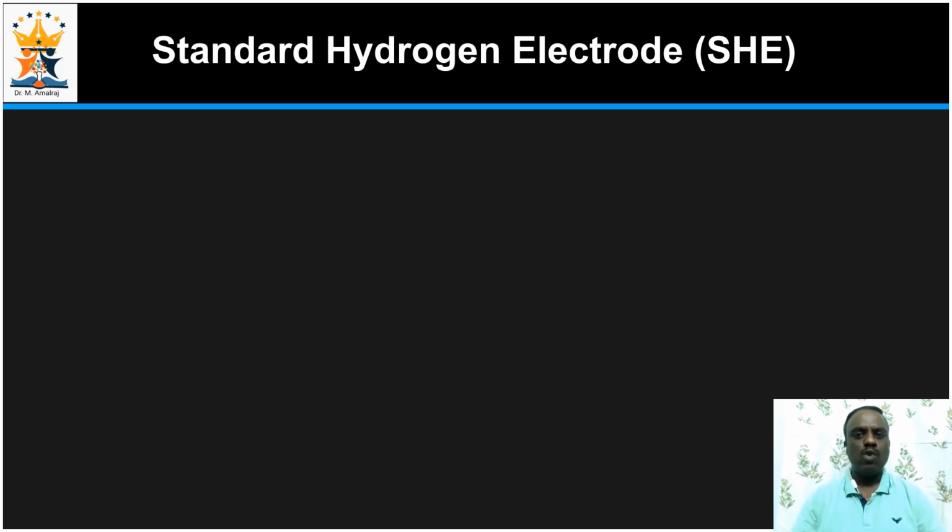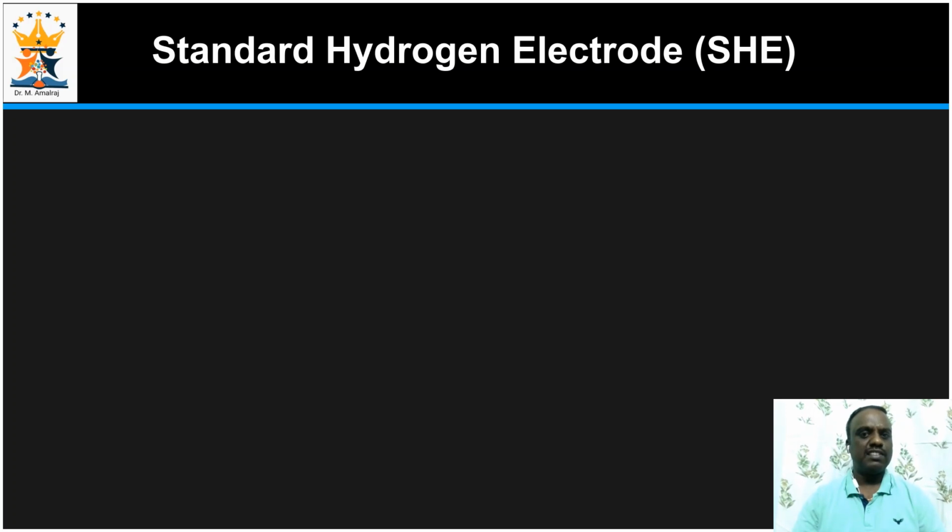Unfortunately, there is no method available to calculate the potential of any single electrode. Only potential difference can be measured. In case we know the potential of one electrode, by using the potential difference, we can calculate the potential of another electrode. For that purpose, standard hydrogen electrode is used, and the potential of standard hydrogen electrode will be taken as 0 volt.